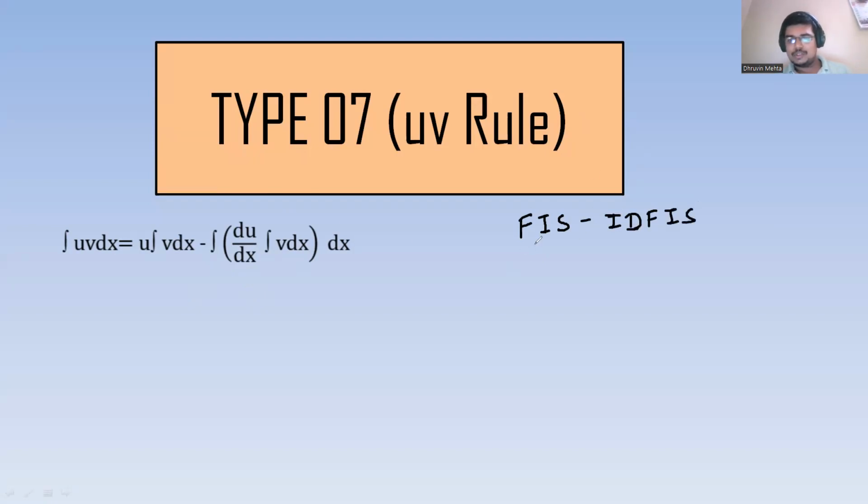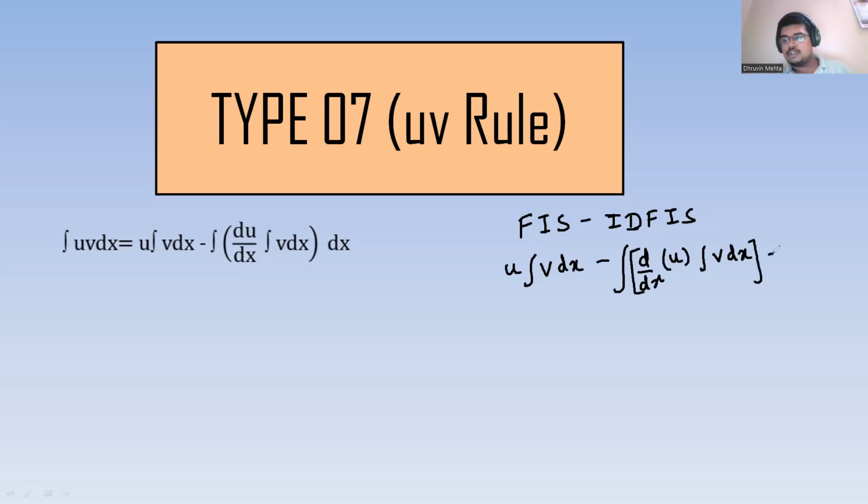I'll tell you how this works. F is first term, I is integration, S is second term, minus I is integration, D is derivative, F is first term, I is integration, and S is second term.